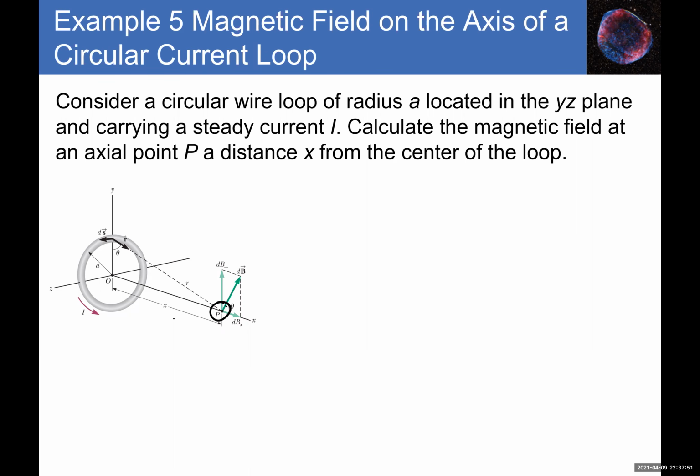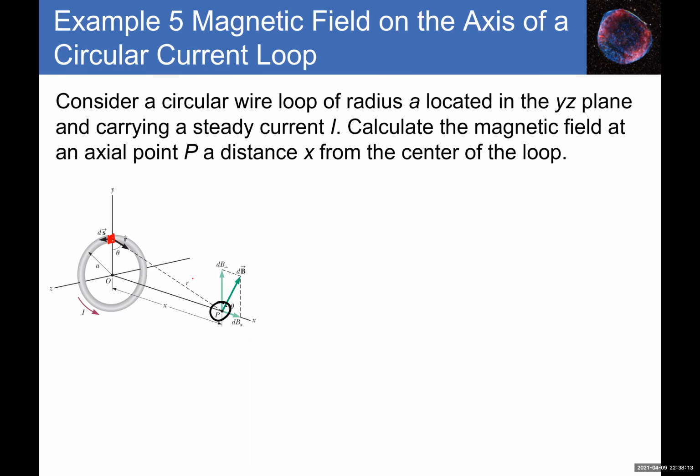So what we do here is very similar. We just choose a small element, which we call ds. This is that vector ds. And then we have a unit vector r hat in the direction of the point P, so this guy over here.